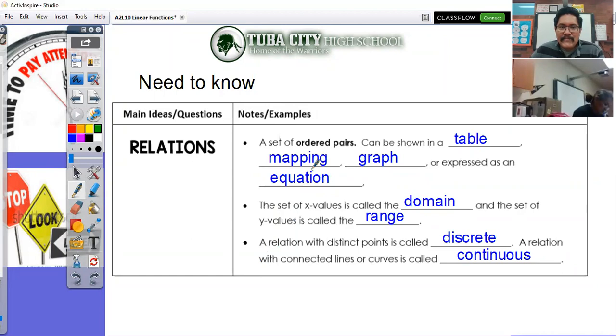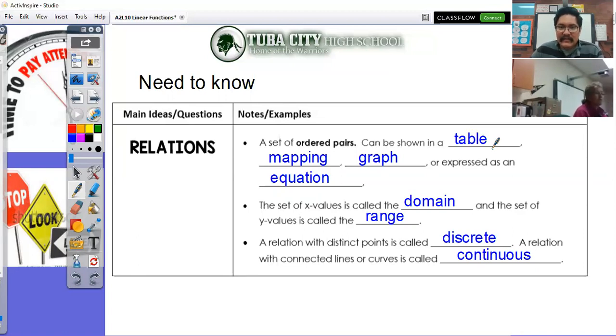Anyway, so a set of ordered pairs can be shown in a table, a mapping diagram, a graph, or expressed as an equation. So those are the different ways that we can put together an ordered pair or a function. So a function is basically just anything that has an input and an output, but I'll get to more of that later.